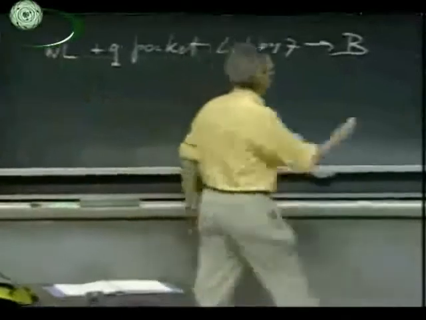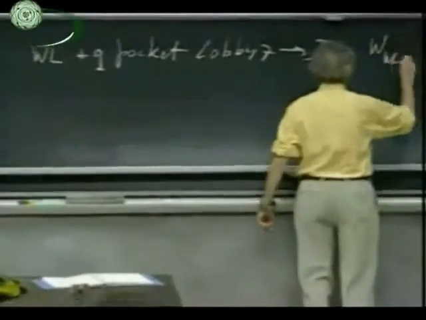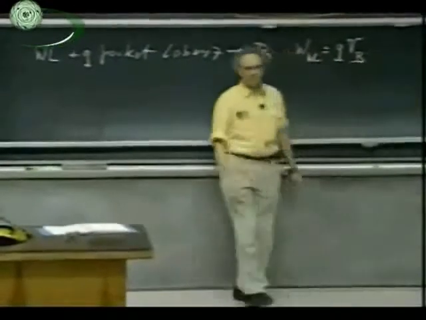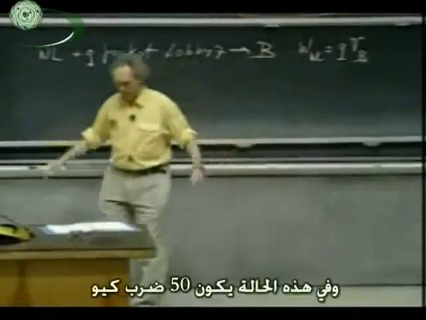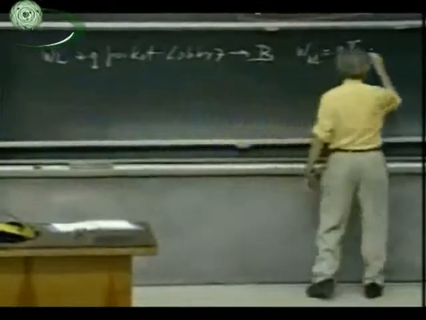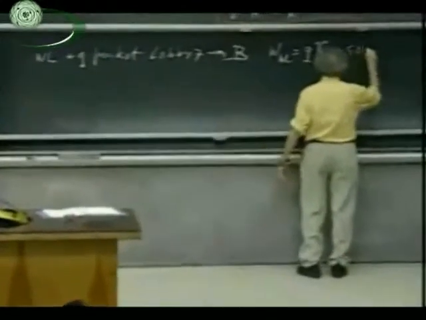So the work I have to do is Q times VB. So in this case, it's 50 times Q, whatever that charge is that I have in my pocket.